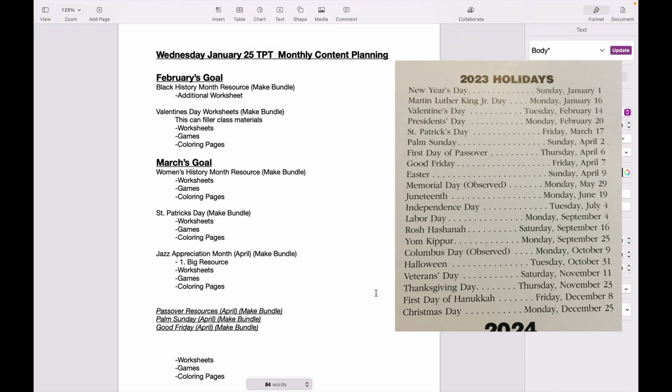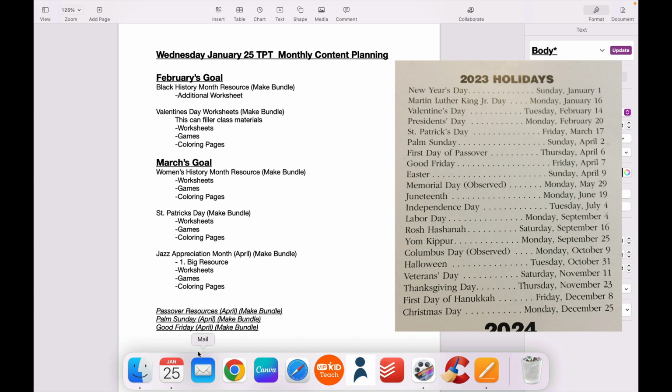It is 10:24. I think it's been 10 or 15 minutes, and by sitting down and setting my intentions for my Teachers Pay Teachers shop, I have got a list of things that I can revert back to making. So at the beginning of this month, let me check real quick.